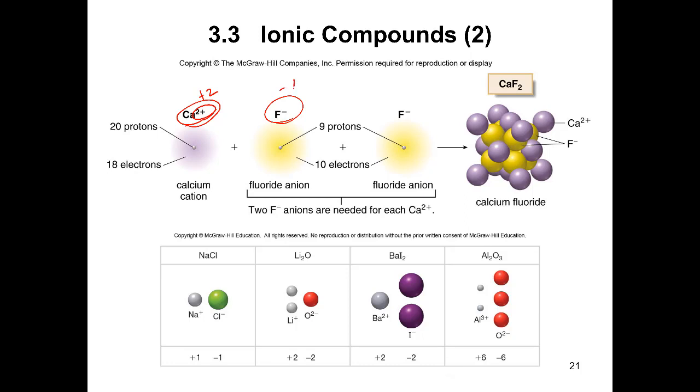Since that's the case, I'm going to have 2 of those fluorides in order to make this neutral. And so I have the 2 fluorines, which are F minus, for every 1 +2 calcium. The formula tells me that I have 1 calcium and 2 fluoride ions. So that's what it takes for me to maintain that balance.